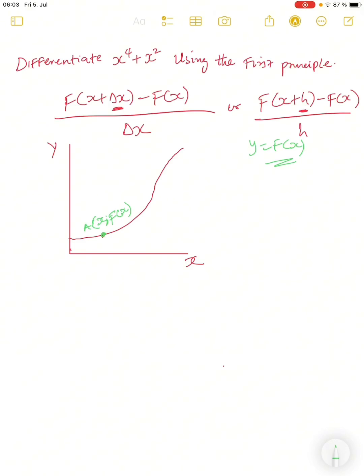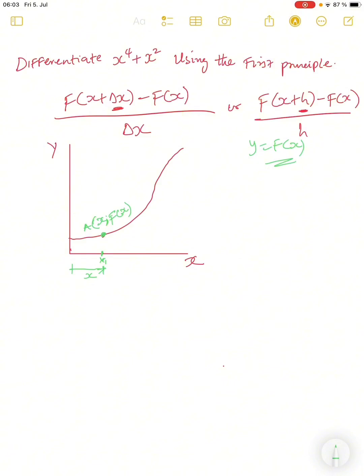Let's say this is point x1. Now this x decides to make a change.